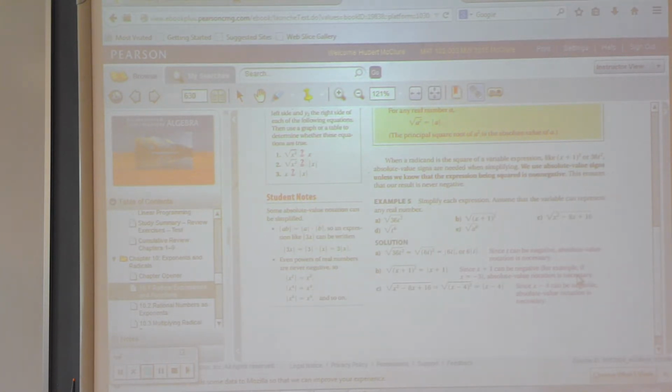Well, what about x plus 1 to the fourth power? Well, that would be x plus 1 quantity squared. You wouldn't have to put absolute value bars around that, because any quantity squared is going to be what? Positive. So, not a big deal there.